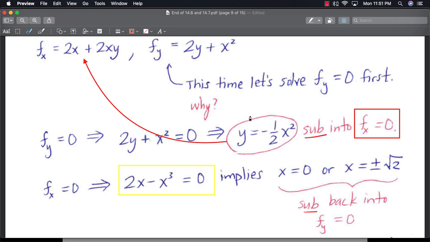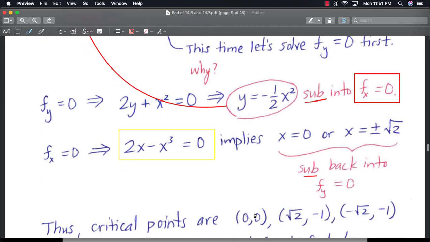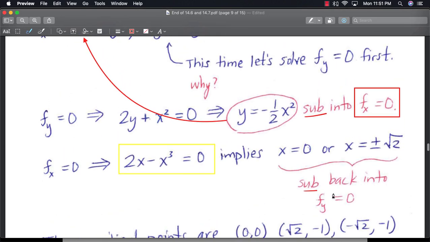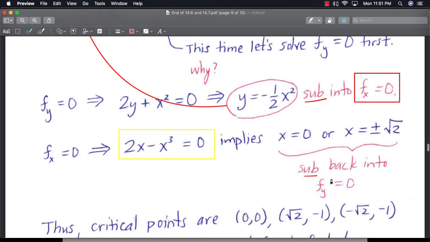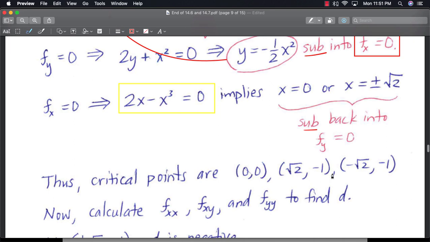And remember too that whatever previous relationships you've established, like for example up here, this relationship between these two guys, is always valid, and you can always use it to your advantage when needed. So because I have the point of the numbers 0, plus or minus radical 2, and then I plug it back into the other partial derivative with respect to y, my critical points are going to be (0, 0), (rad 2, negative 1), and (negative rad 2, negative 1).